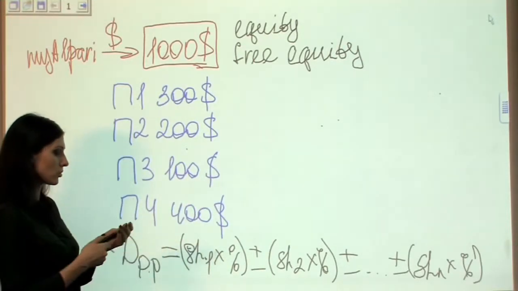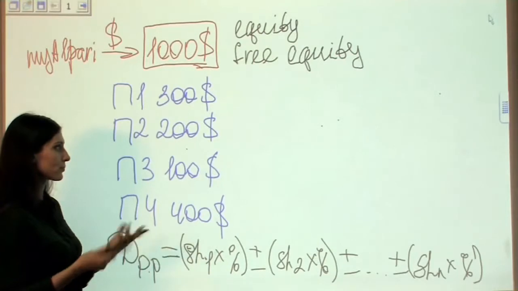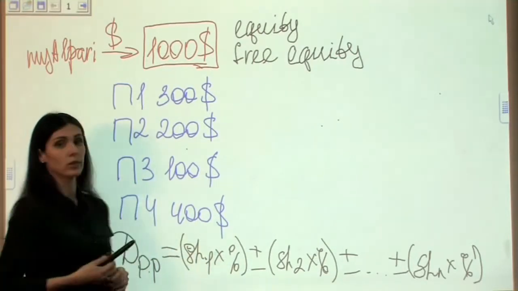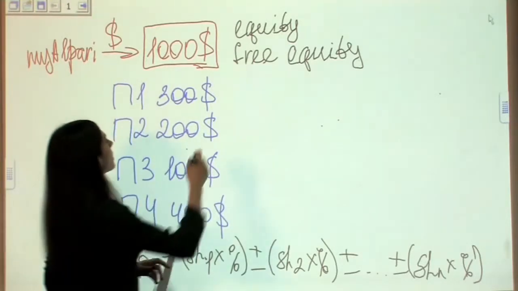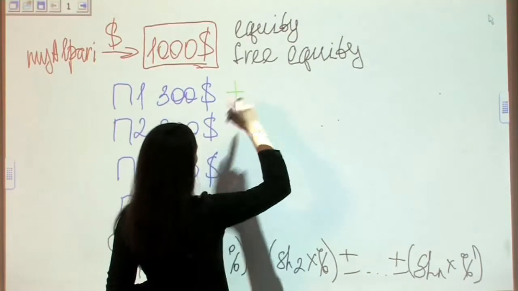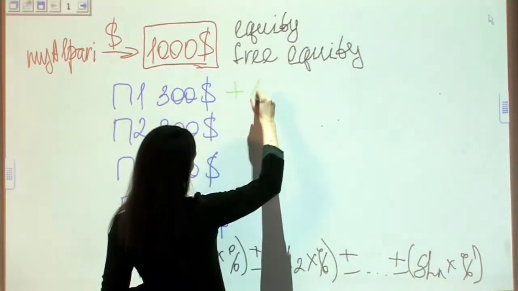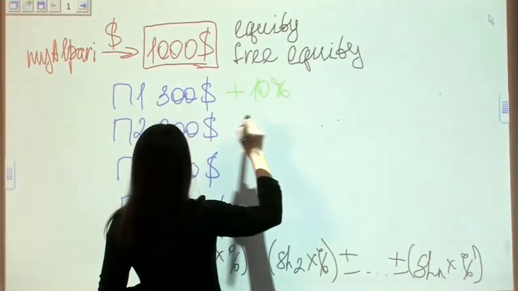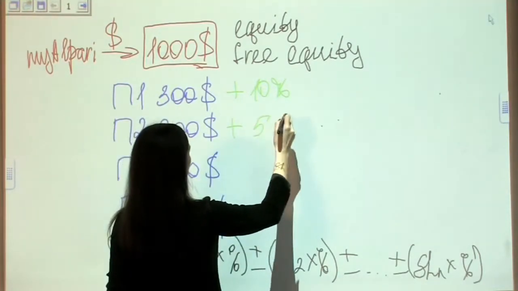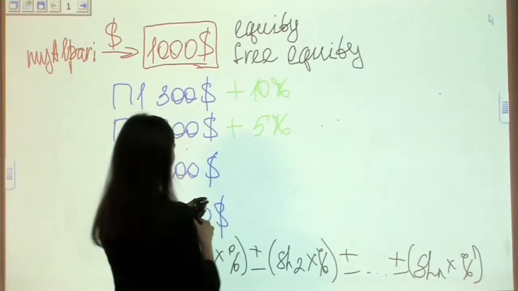Because of this, let's try to guess how much each of them can bring to the PAMM portfolio. Let's guess that the first PAMM account made a profit of plus 10%. The second one, of course, also receives a profit of plus 5%.